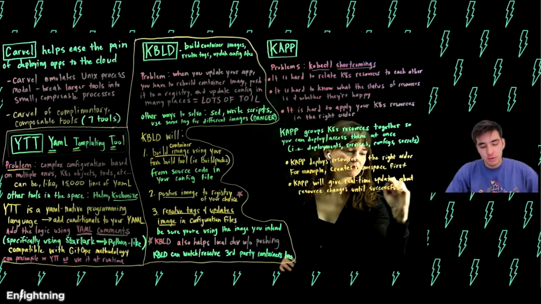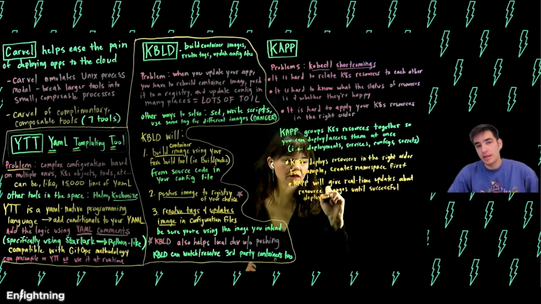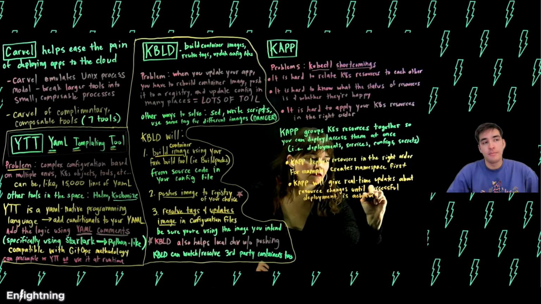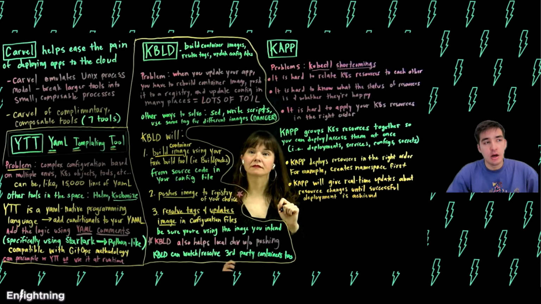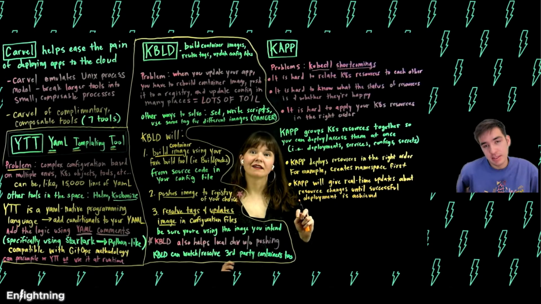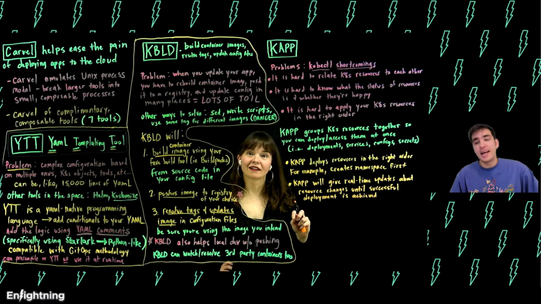And then cap controller, which we talked about earlier, is the GitOps controller that is Carvel specific. If you use cap controller, then it will be using cap continuously to make sure that your application is deployed in a happy state.